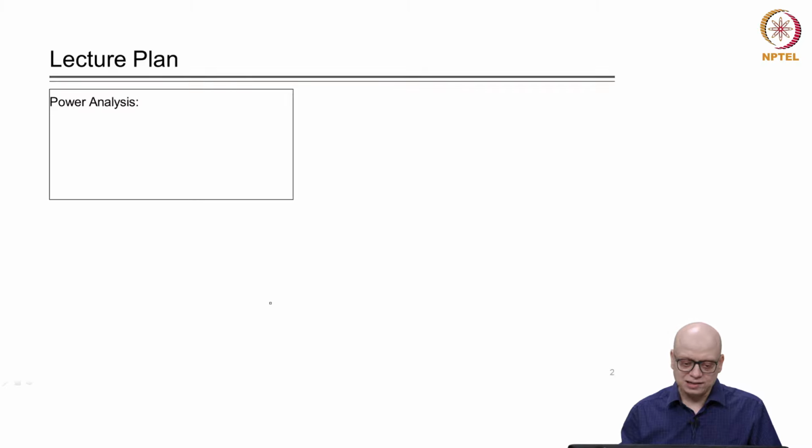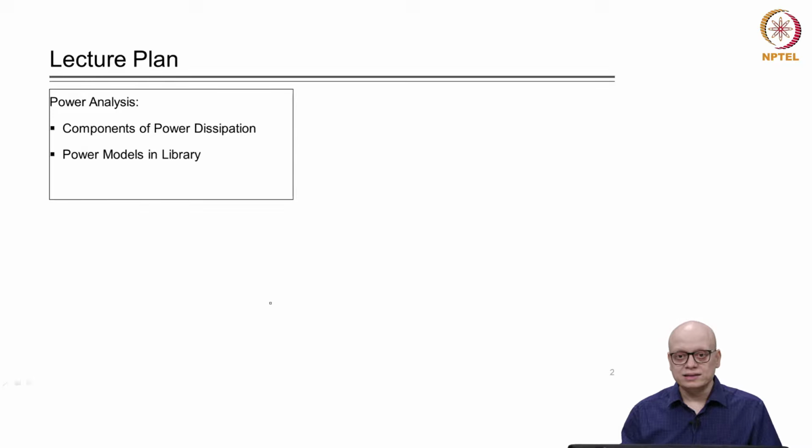So, in this lecture, we will be discussing power analysis, and in the next lecture, we will be discussing power optimization. Specifically, in this lecture, we will be discussing various components of power dissipation, power models which are there in the technology libraries, and the techniques to estimate power dissipation.